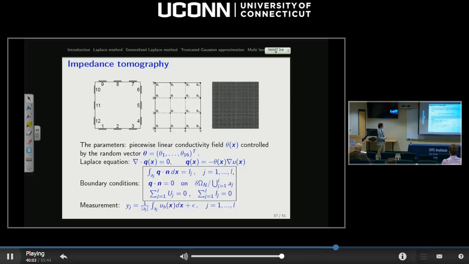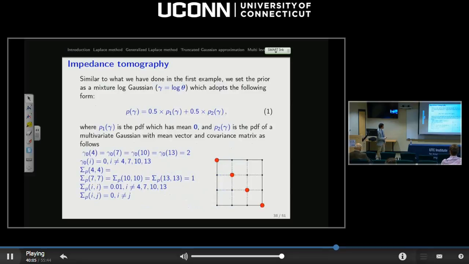And the prior is a mixed Gaussian. We have two components, and we put the uncertainty around this diagonal very high. This is intentional, just to test if the results match the obvious. And the uncertainty anywhere else is very small.